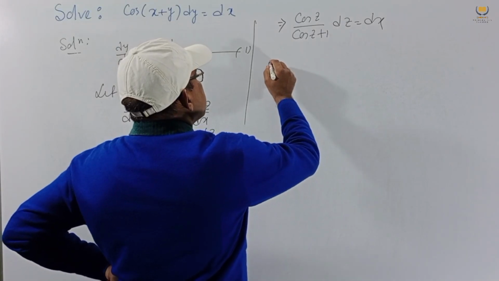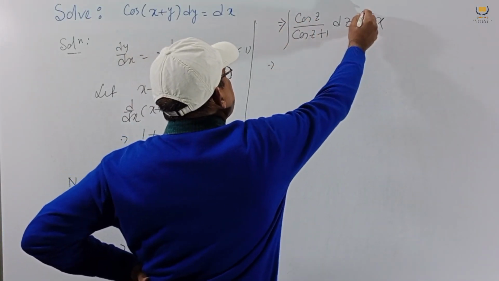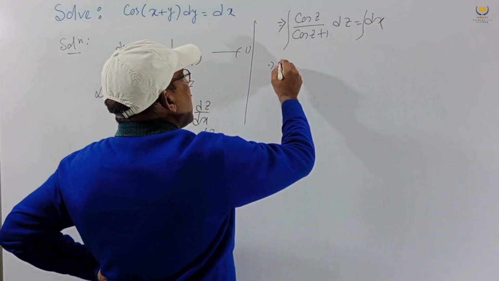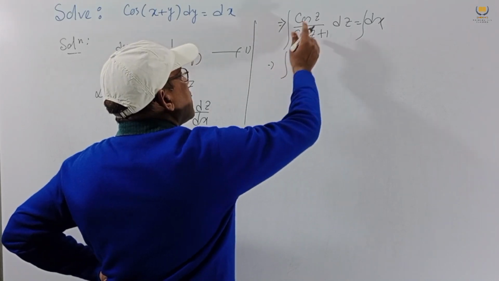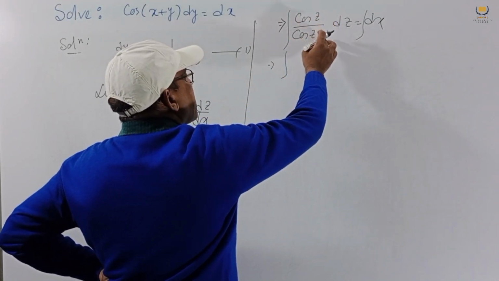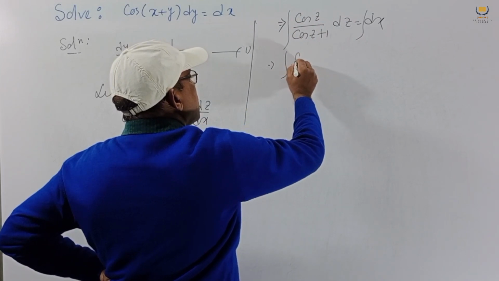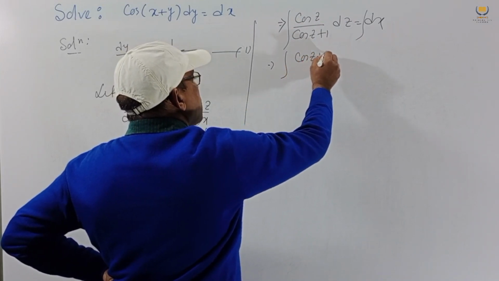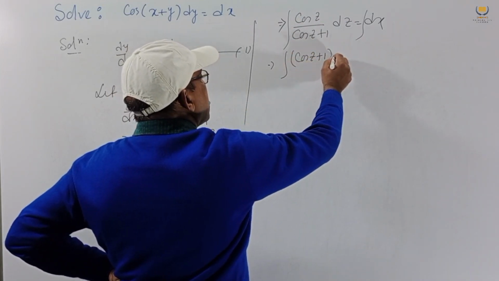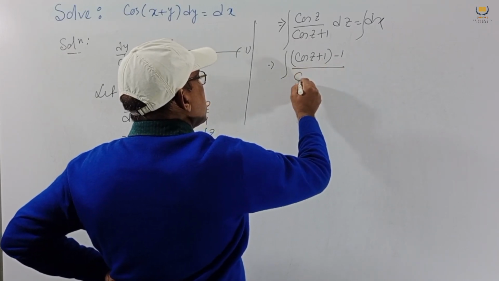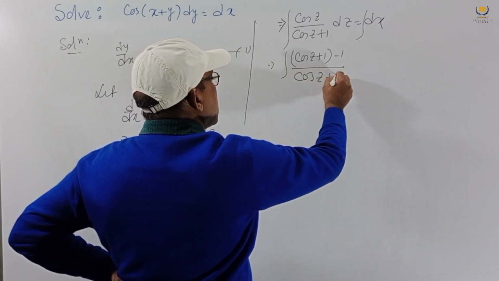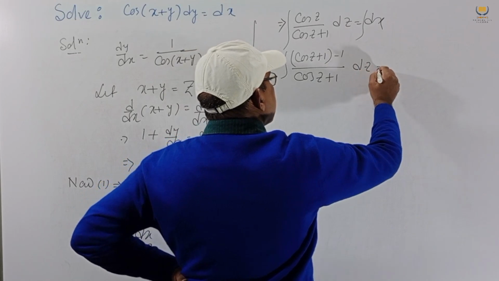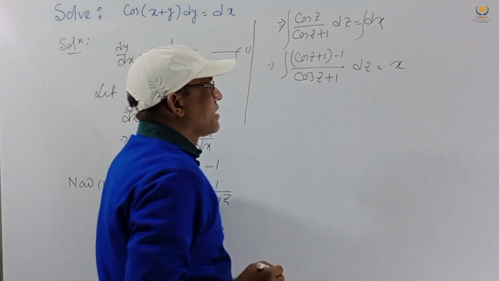Now we integrate this. If we integrate, we get cos z plus 1 minus 1 by cos z plus 1 dz, this is x we get.